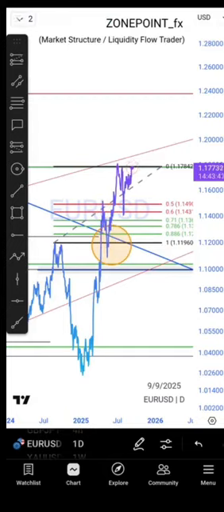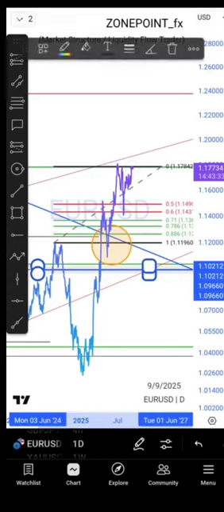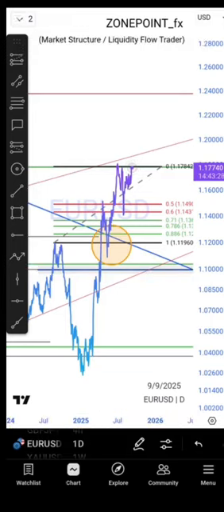Price is coming in the long run to sweep it and tap into this level. This is the level we are looking at in the long run before price continues to buy.